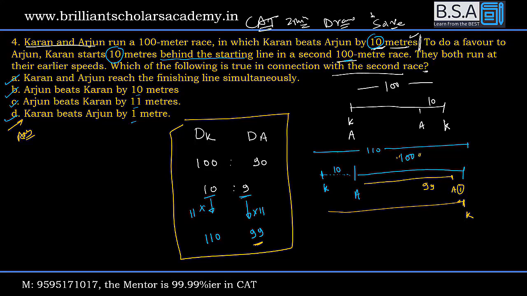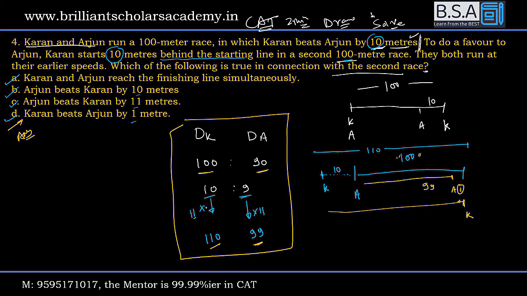Karan says, I will go behind the starting line by 10 meters. For Karan, the race becomes 110 meters. So what you do is from the first race, you get their speed ratio, distance ratio. It will never change. Now you want Karan to finish 110 meters.